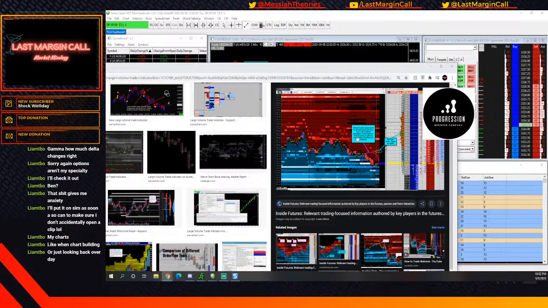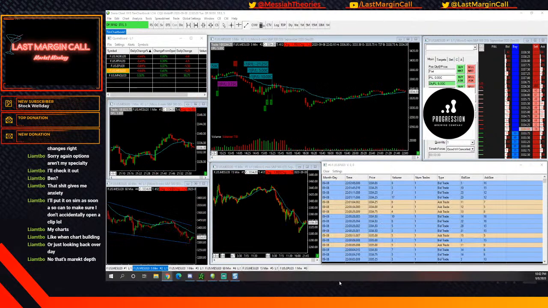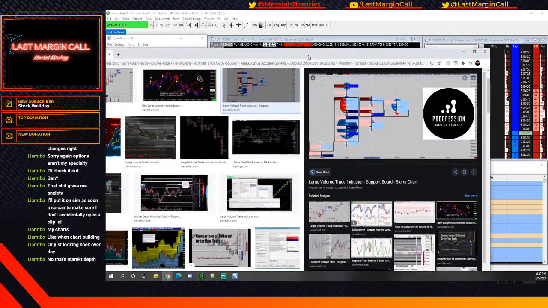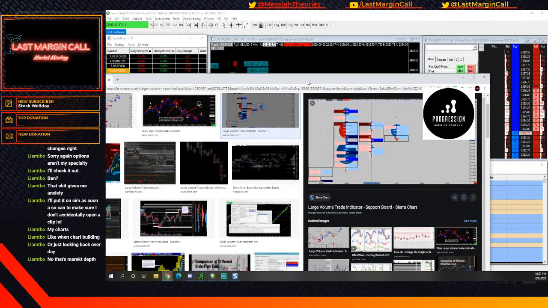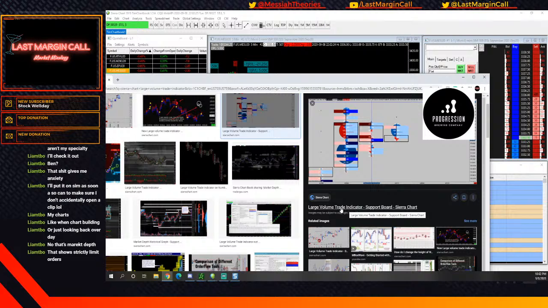You're talking about the darker shaded. Okay, so wait, where did I click on? Is it this one? Yeah, large volume trading indicator support board. Okay. Let me know when I found the one. Also this one here, this is the new one from large volume trade indicator.